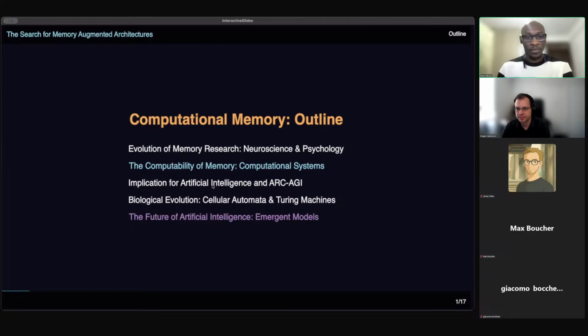Then I'll talk about the computability of memory using computational systems, and the implication for memory in AI and AGI. Then biological evolution, specifically Turing machines and cellular automata, and then the future of artificial intelligence, with these new kinds of models that are emerging, called Emergent Models.